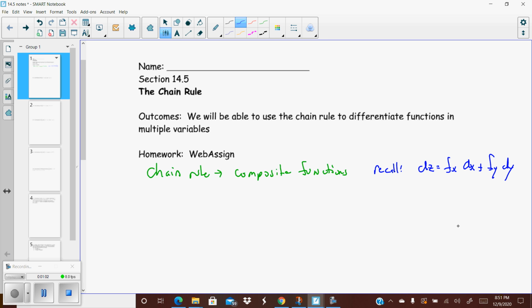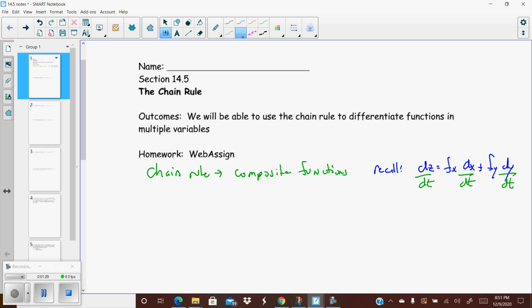Well, if we were simply to go ahead and divide everything here by dt, dividing every term by dt would get us the chain rule if everything was in terms of another variable. I'll explain that in a second.